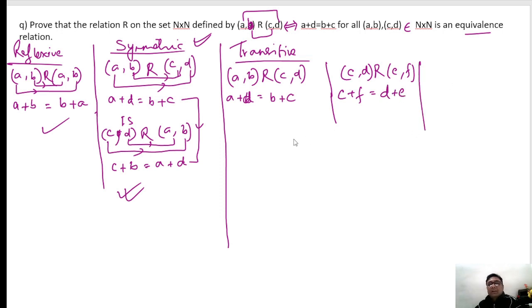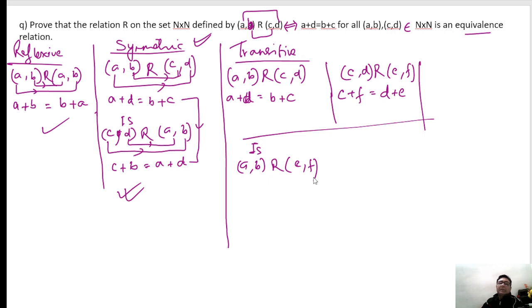Now we have to check, is (A, B) related to (E, F)? Let's check. See, if I add these two, what will come?